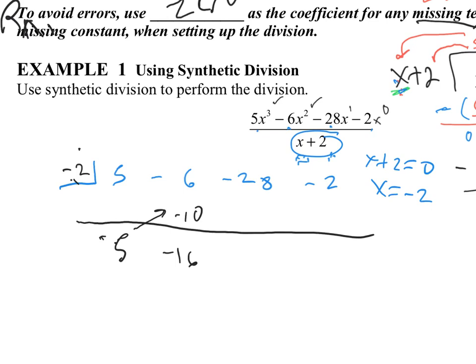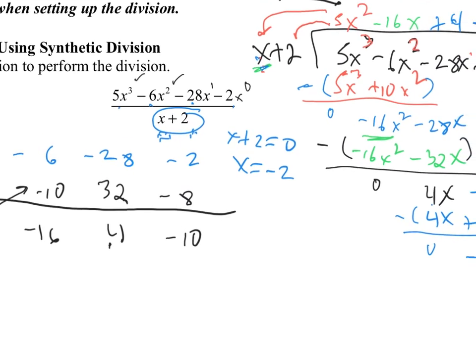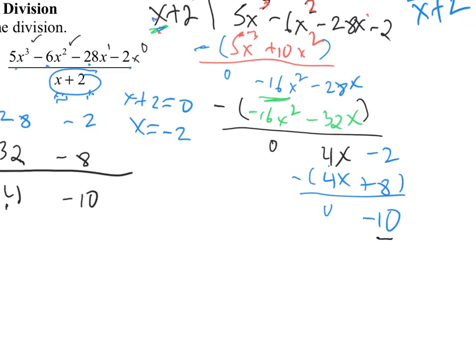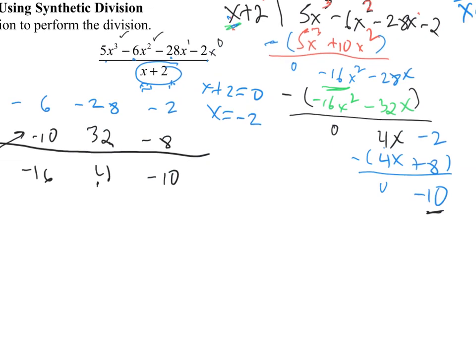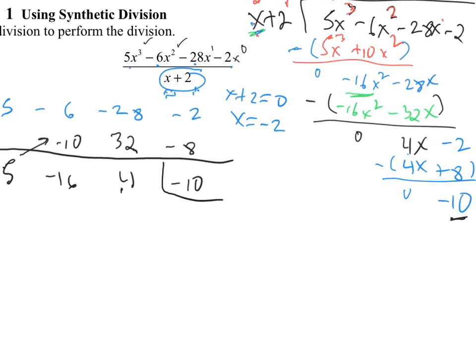Now you take the negative 2 times the negative 16. That's a positive 32. Now you add straight down. That should give me a 4. Negative 2 times 4 is a negative 8. So I put that there, and I add straight down, and I get a negative 10. Did I have a negative 10 over there? Yeah, I had a negative 10. See? Okay. That's what you call the remainder right here.